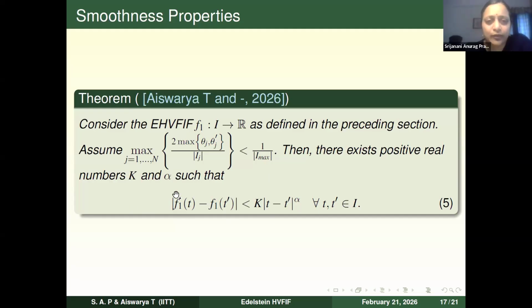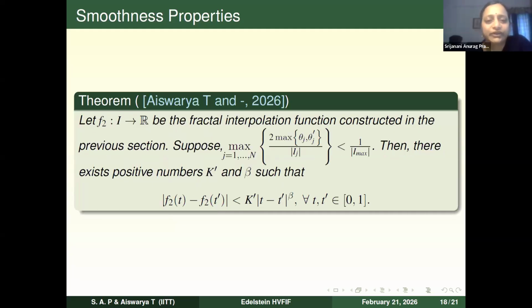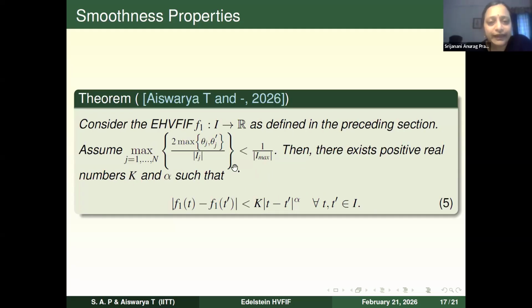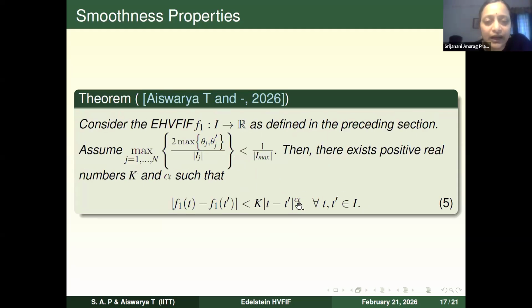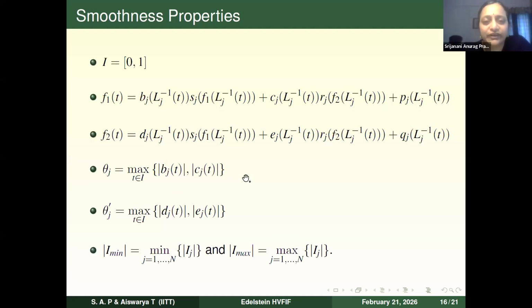This gives the smoothness of F1. Similarly, a result also holds for the F2 function: with the same condition, it is in the Lipschitz class of beta, where these alphas and betas depend on the bj's, cj's, dj's, ej's, as well as on the pj function and qj function.